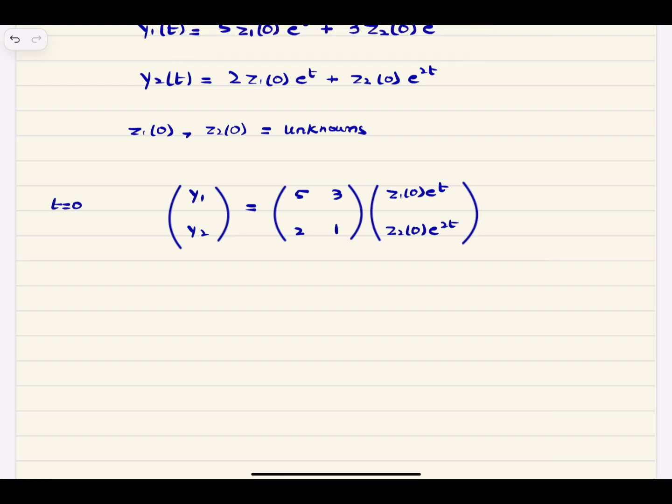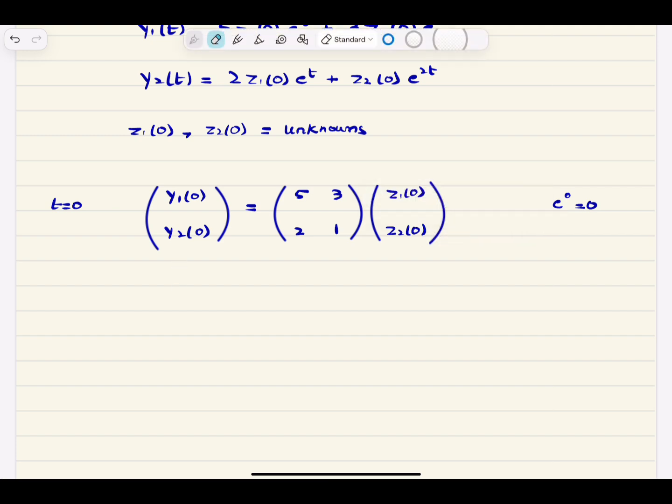So basically you have y1 at time 0 and e^0 is equal to 1. So basically we're left with this. If the question has given you this, then you can easily find these unknowns.